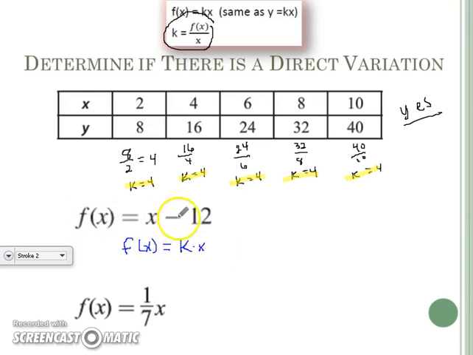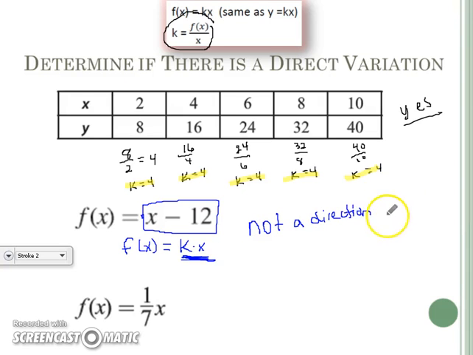So when I compare this equation, looking at this piece here, this does not show a number times x. It's showing x minus a number. So because it's not in this format, a number times x, this one is no, it's not a direct variation. The equation should look exactly like the direct variation equation.